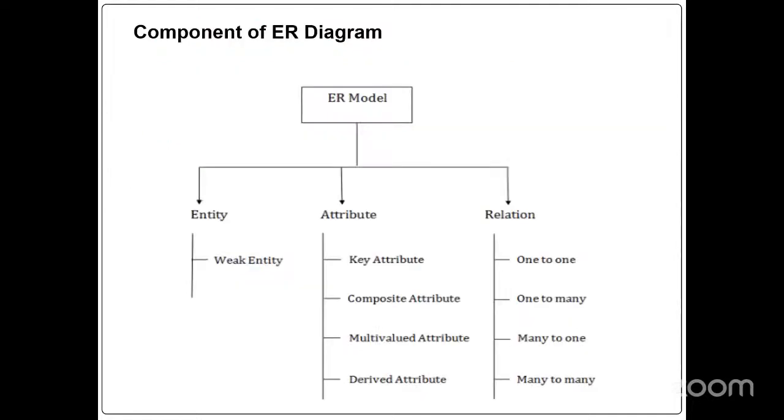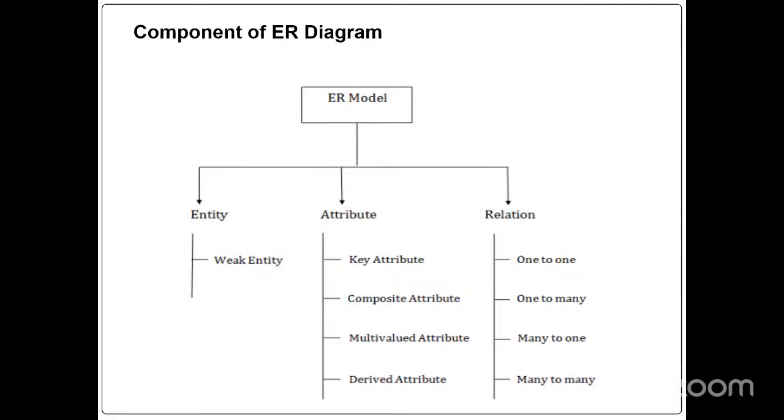So this is a structure. We have seen ER model attributes, yes or no? We have seen attributes: key attribute, composite attribute, multi-valued attribute and derived attribute. What is key attribute? It describes the main characteristic of an entity, like roll number.